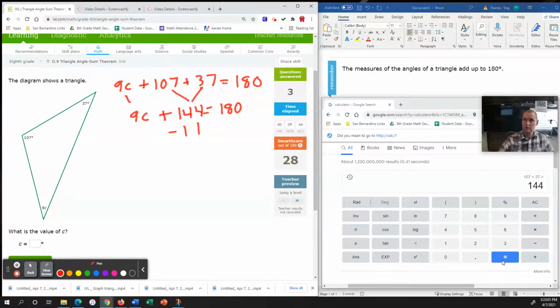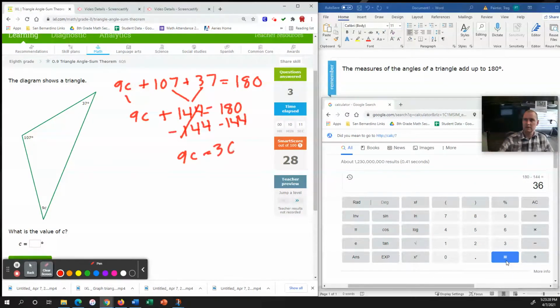So minus 144 minus 144. Therefore, we have 9c, 144s are out, equals 180 minus 144. Let's do it. 180 minus 144 is 36.